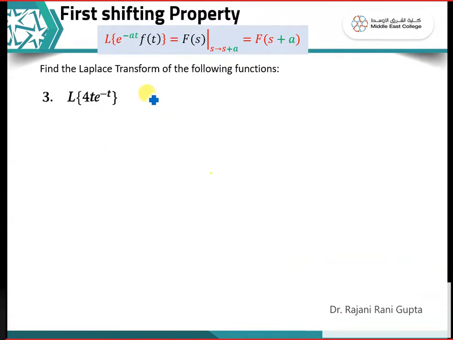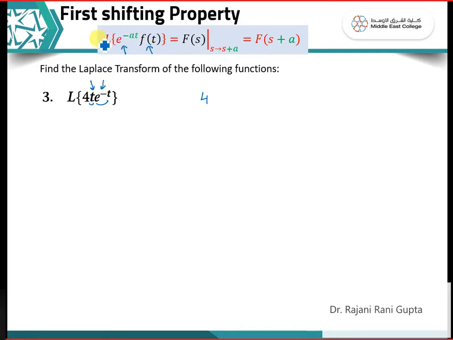Let's assume that we have the next question as 4t e power minus t. Again it's a multiplication of two terms, t and e power minus t, with a number 4. We don't have to worry about this 4 because we will multiply it with the final answer. Now here you can see e power at is first and then you have f of t.